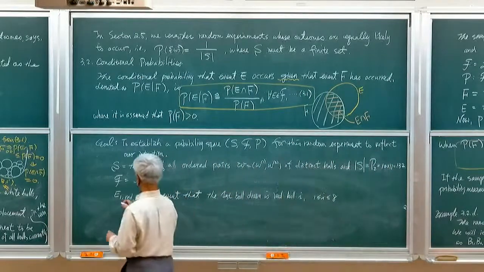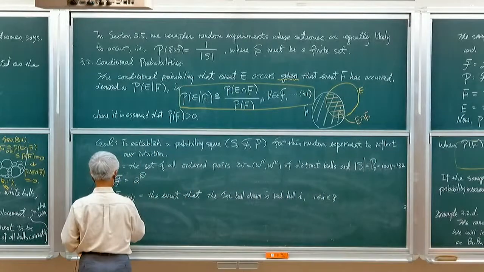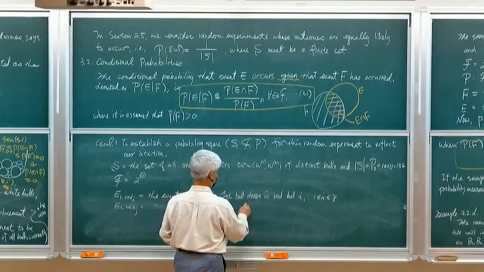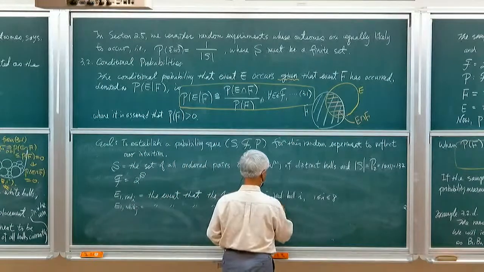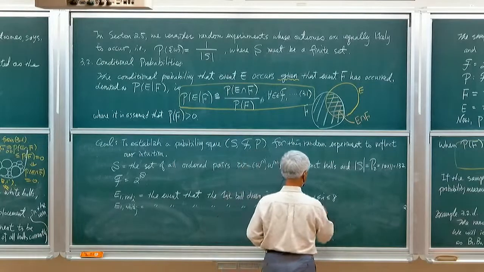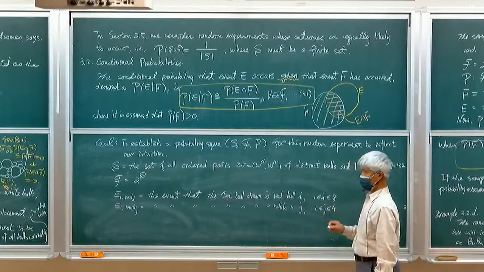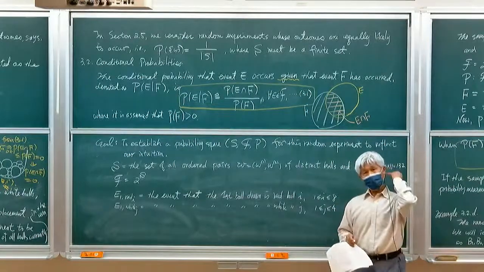And E sub 1, white J, is the event that the first ball drawn is white ball J, where the index J is from 1 to 4 because we have 4 white balls.